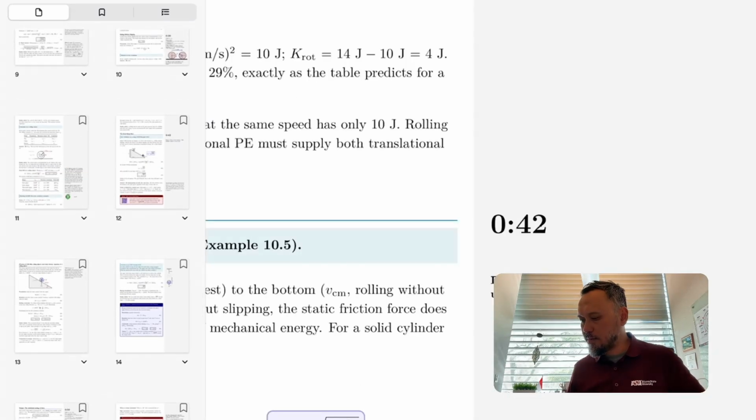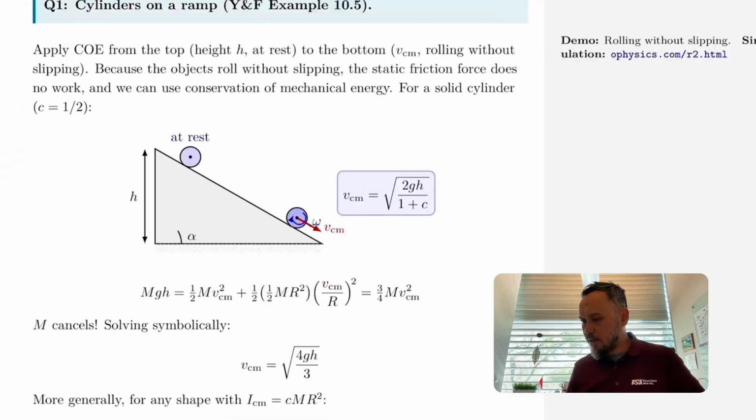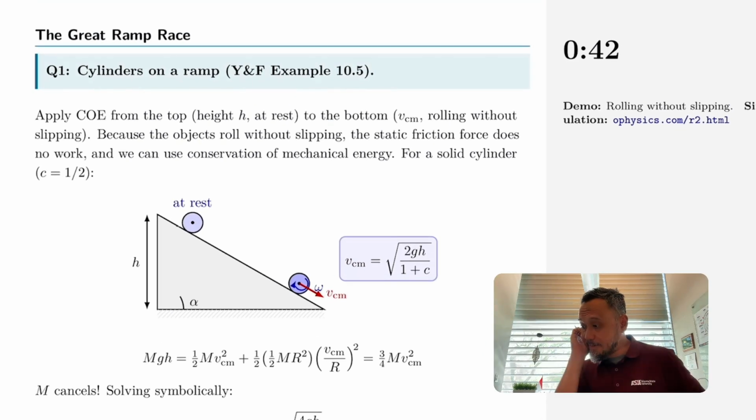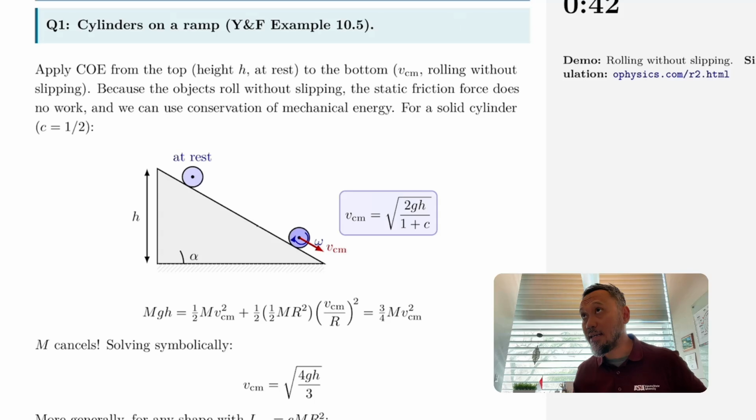Look at this one. So instead of solving for a cylinder, it's solved for any shape, and we use c. For a cylinder, c is equal to I of the cylinder divided by the mass of the cylinder, then divided by r squared.